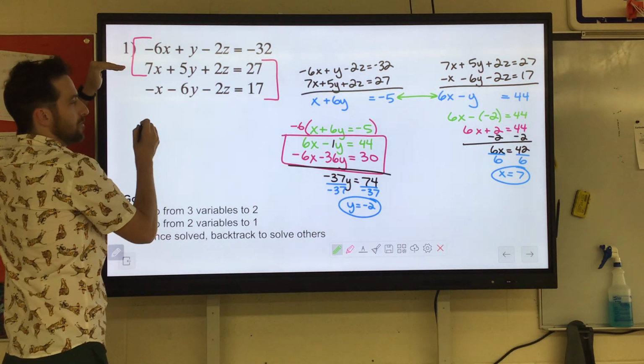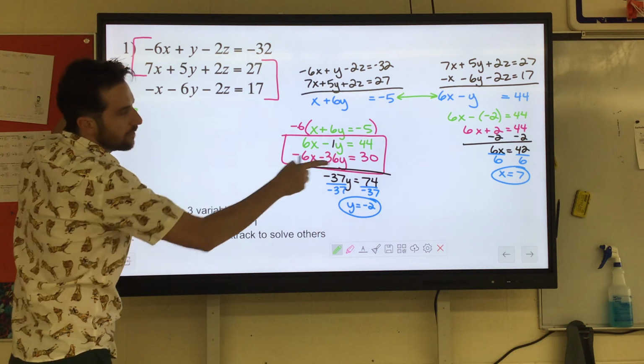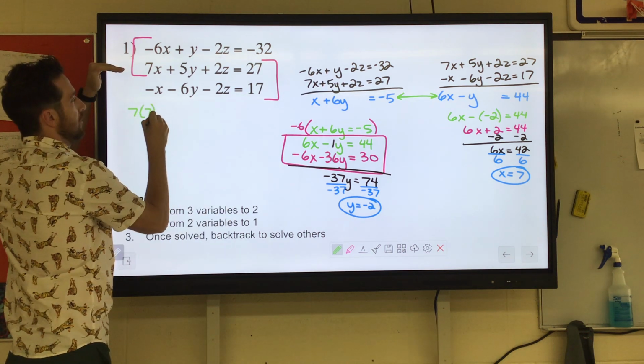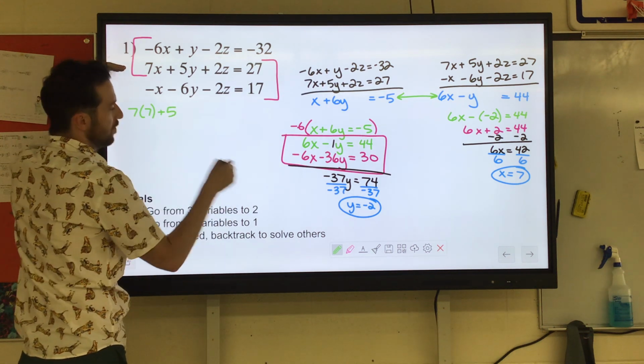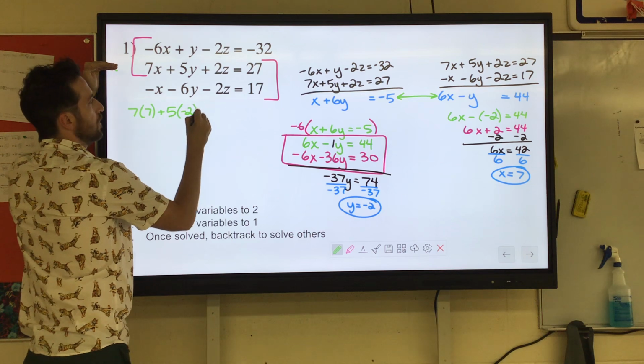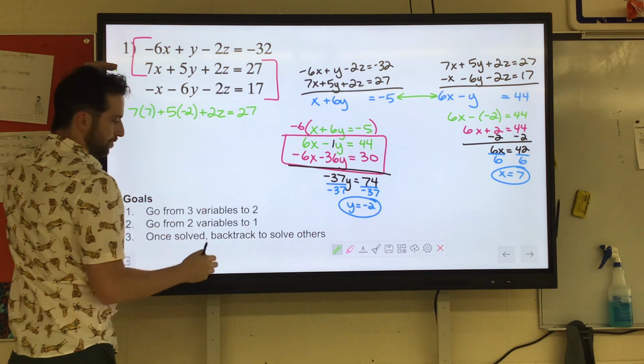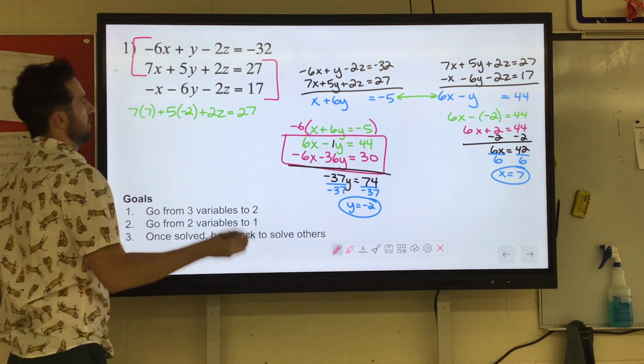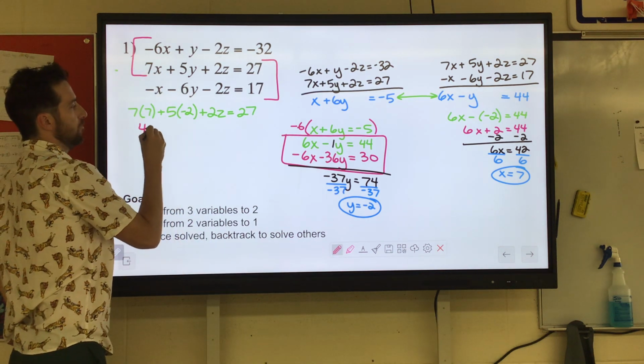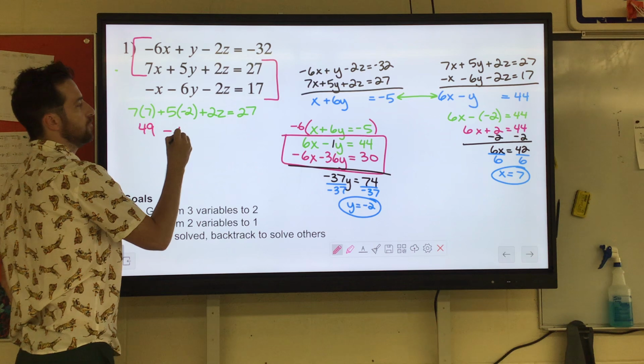So 7x, and we know that x is 7, plus 5y, we know that y is negative 2, plus 2z equals 27. All right, 7 times 7, 49. 5 times negative 2, negative 10.